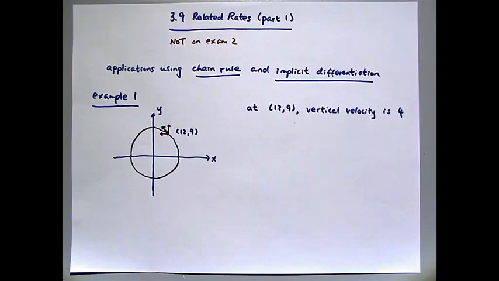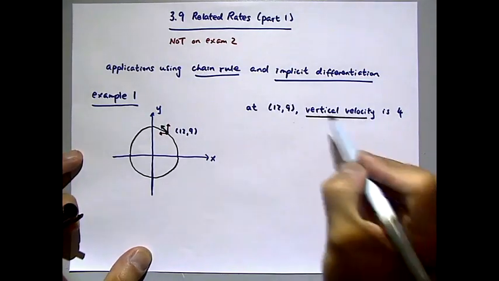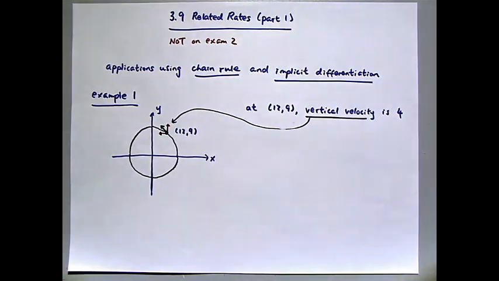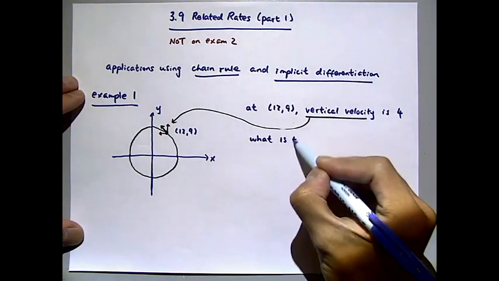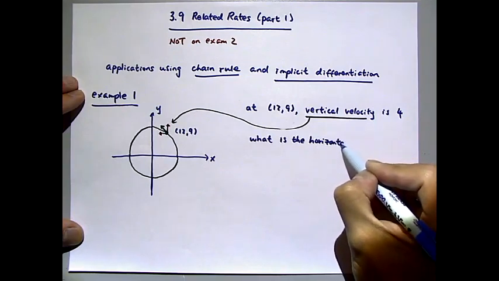The problem told us that at this point, 12, 9, the vertical velocity, and that would be this one right here, that vertical component of the velocity is 4. We want to find out what is the horizontal velocity.